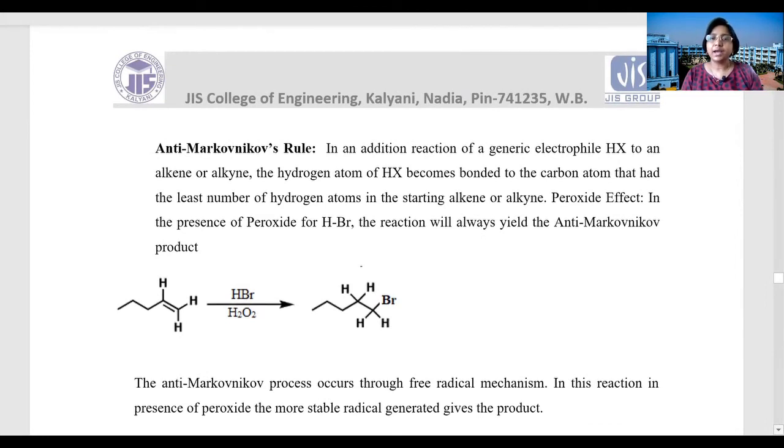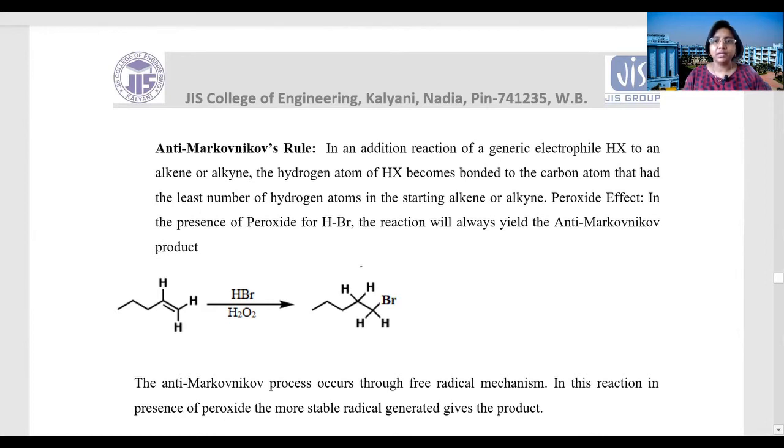So in an addition reaction of a generic electrophile HX to an alkene or alkyne, the hydrogen atom of HX becomes bonded to the carbon atom that had the least number of hydrogen atoms in the starting alkene or alkyne.